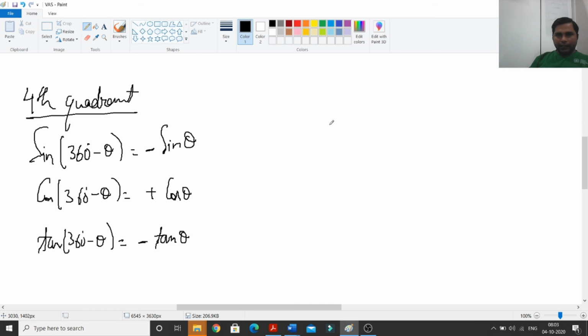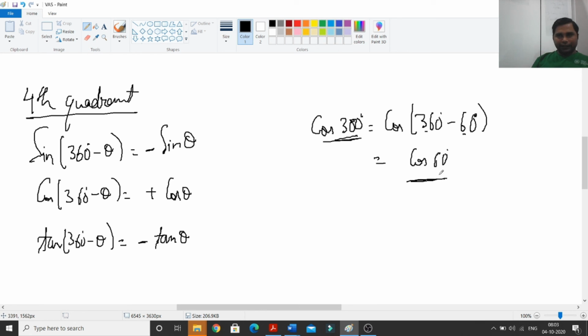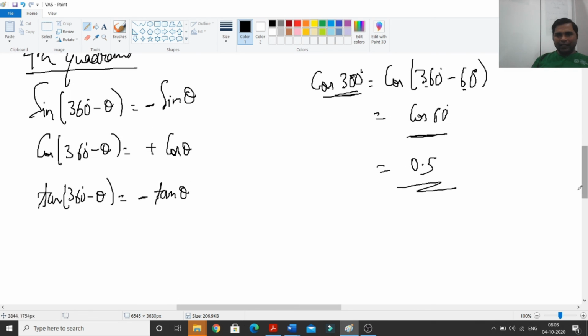What does it mean? If we want to write down cos 300 degree, it is the same as cos 360 minus 60, and cos 360 minus 60 is like cos 360 minus theta, so it will be the same as cos theta, so cos 60. So cos 300 value is the same as cos 60 value, which is equal to 0.5. Okay, so these are the things which will help you to simplify, but as you have a calculator you can directly get this value.